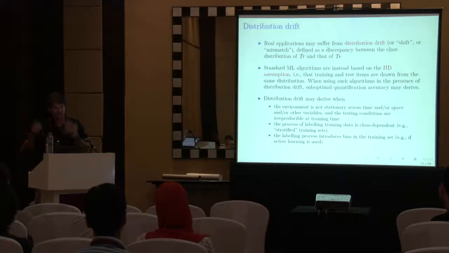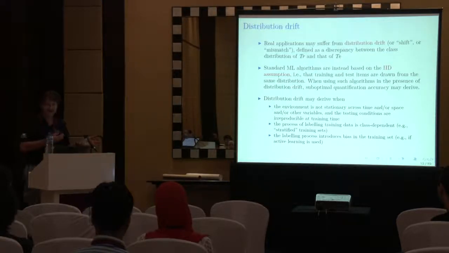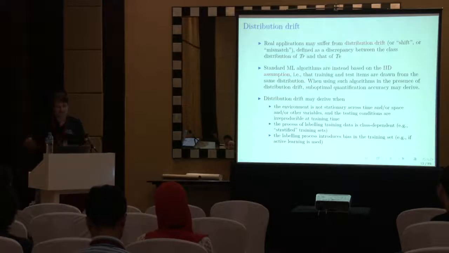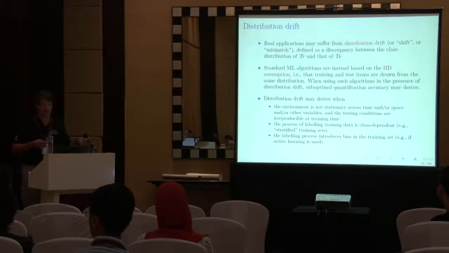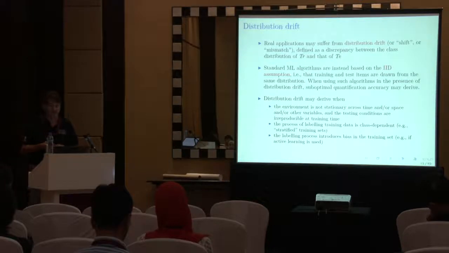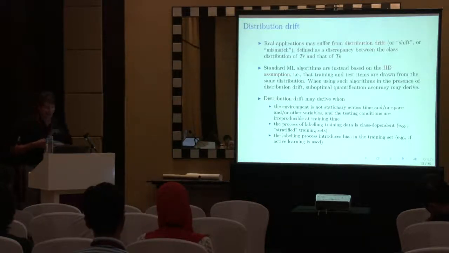After September 11, a lot of news items had to do with terrorism. So if you train for class terrorism on August data and test on September data, your accuracy would be suboptimal, because the class prevalence on August data is radically different from the class prevalence in September data. This is what we call distribution drift. And distribution drift may derive from several reasons.